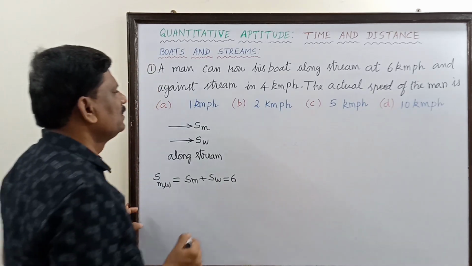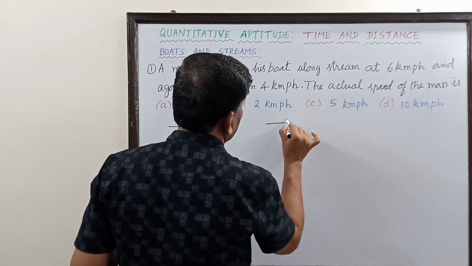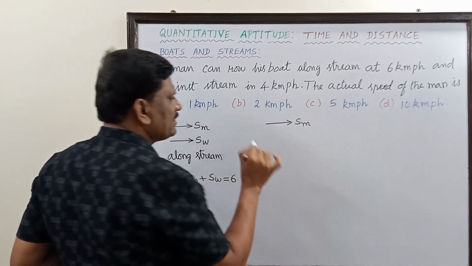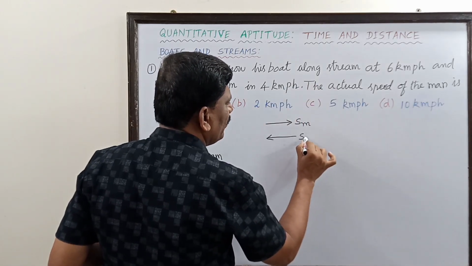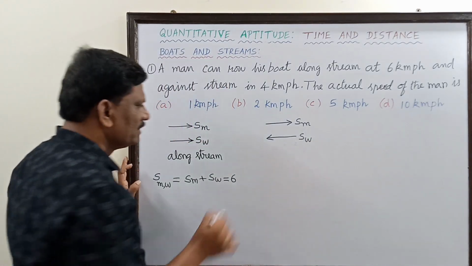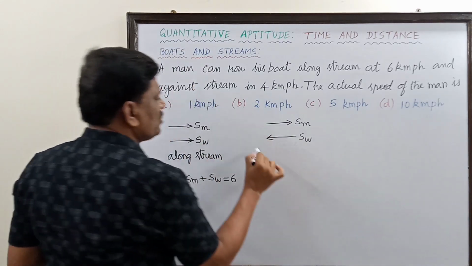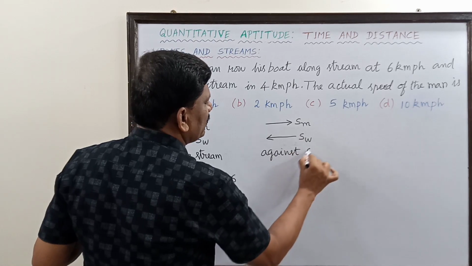Now against the stream, the man is having a speed Sm in the x-axis and the water is flowing along the negative x-axis. So the speed of water is opposing the man. This is called against the stream.